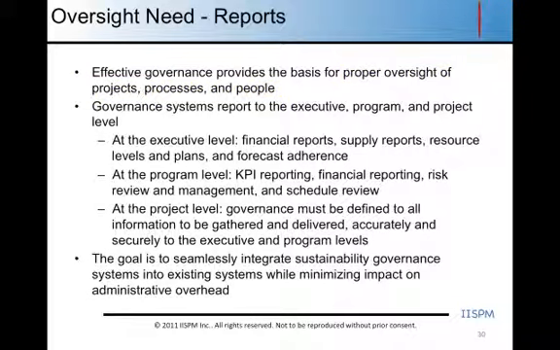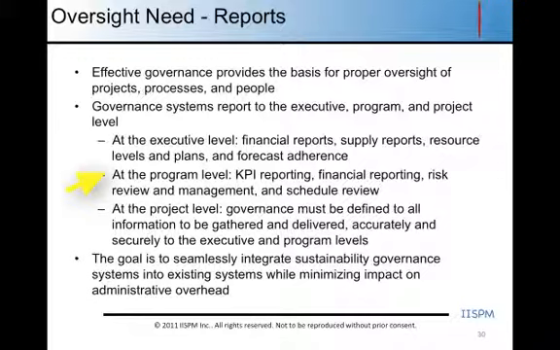So if we look at this from a sustainability perspective, we look at governance systems to report to the executive, program, and project level around the sustainability aspects that we've added into the project. At the executive level, we're looking at the financial reports, logistics supply reports, resource plans and levels, and forecast adherence. What are the specific sustainability impacts against these different areas?